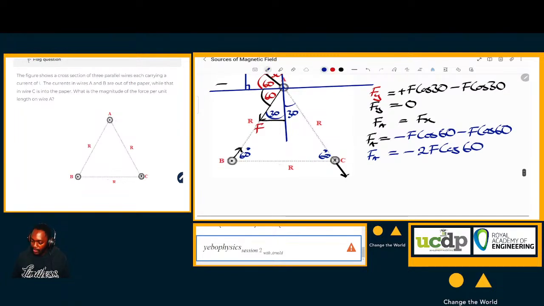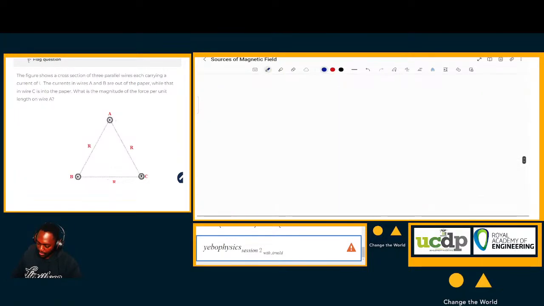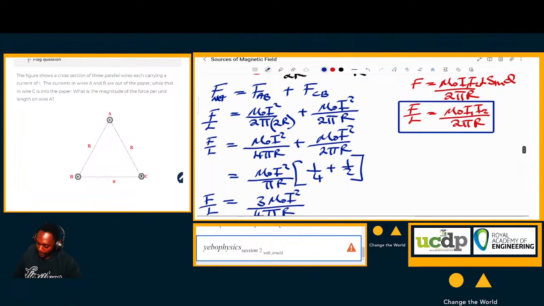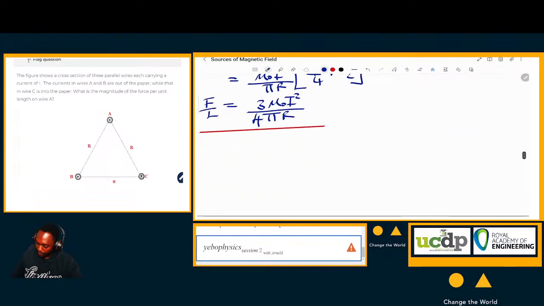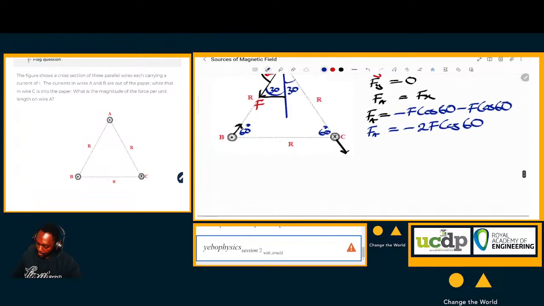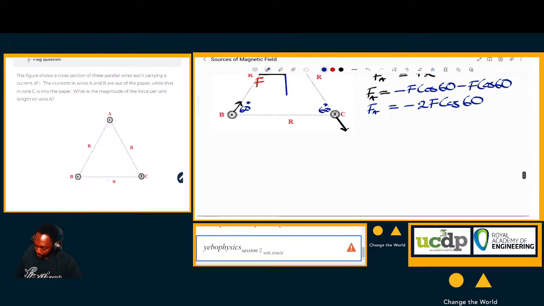But remember, we're looking at the magnitude of force per unit length, which is what we have already used before here, and the currents are the same.